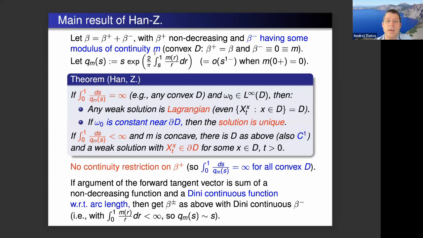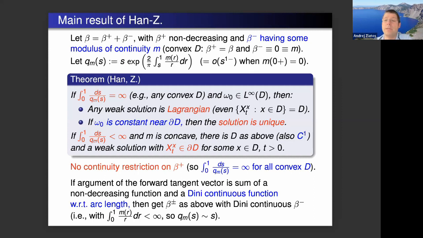The reason is most moduli, in particular the Hölder moduli of continuity, are Dini. So the function is then Dini continuous, and that means that the integral from 0 to 1 of this fraction is finite. For Hölder, obviously, this is the case. And if that integral is finite, then this whole exponential is basically just a constant as s goes to 0. So this function here is just constant times s.